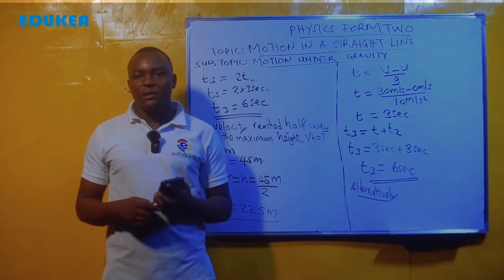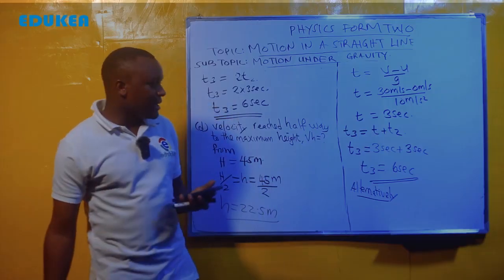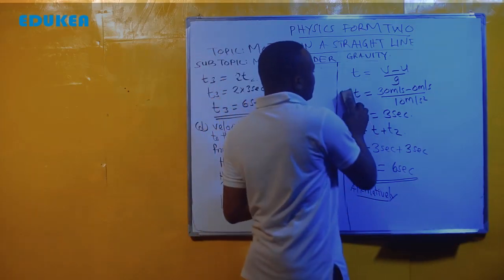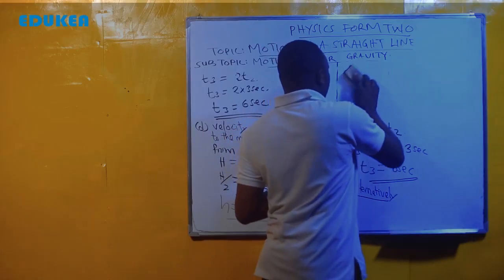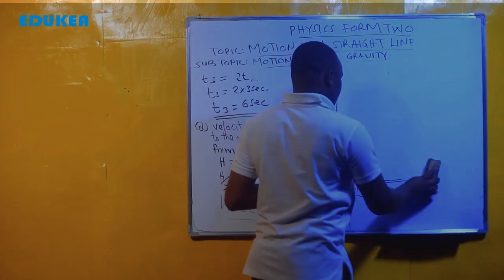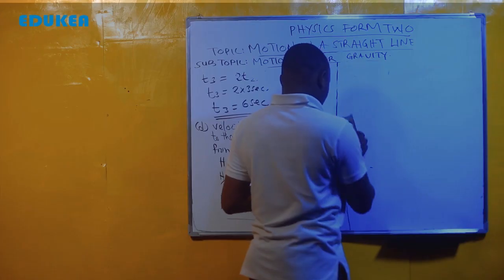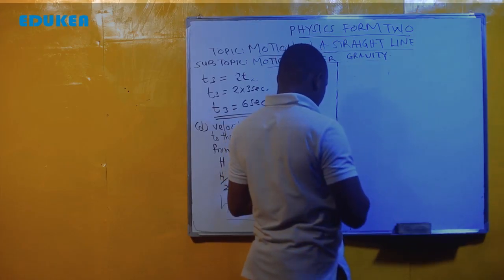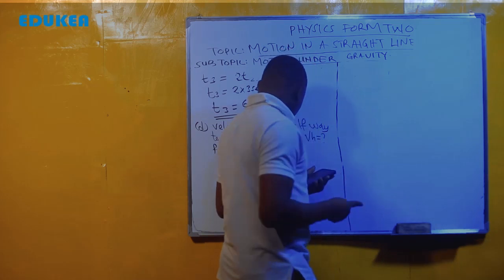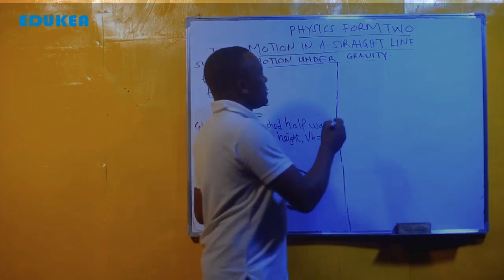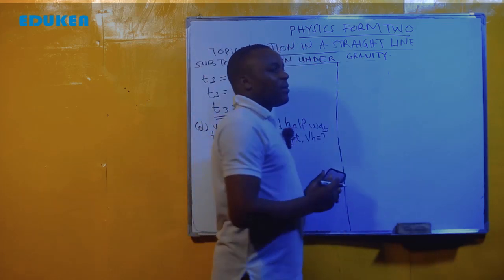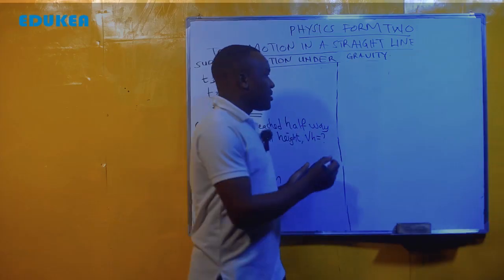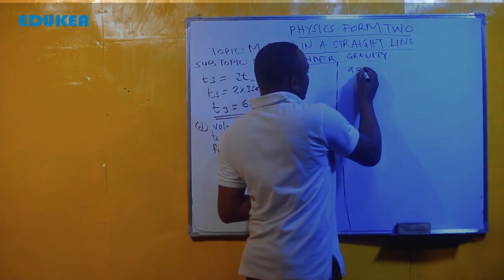So now let's find the value of velocity. Because the body is still opposing the acceleration due to gravity, so a is equal to negative g, which is equal to negative 10 meter per second square.